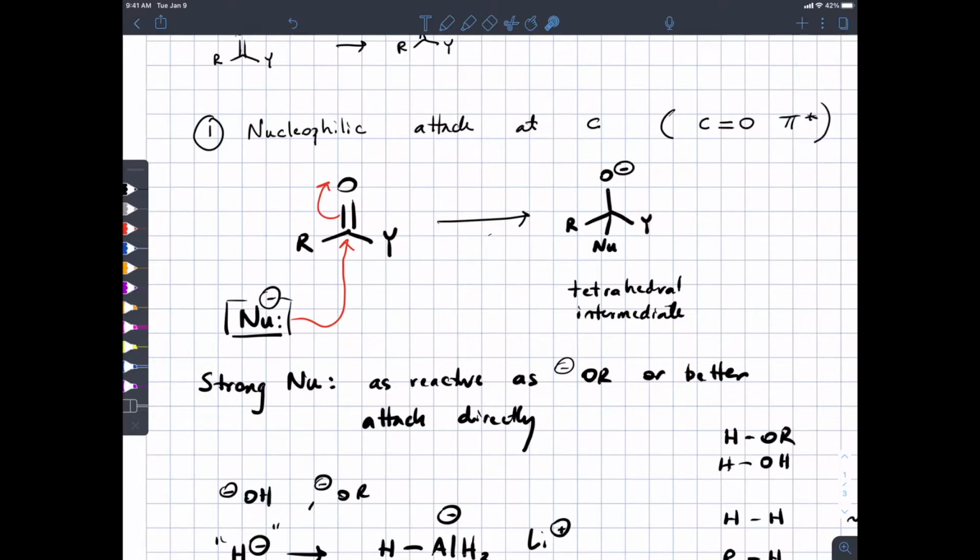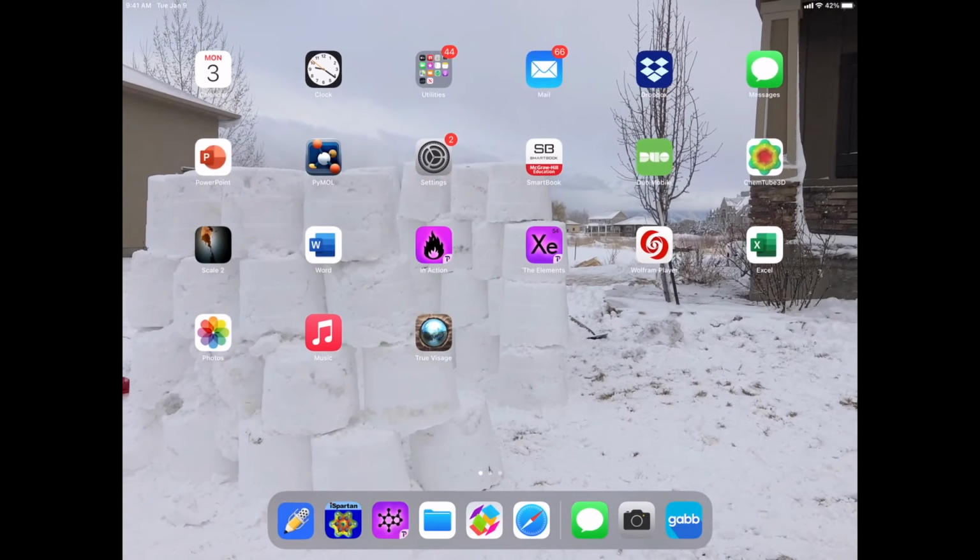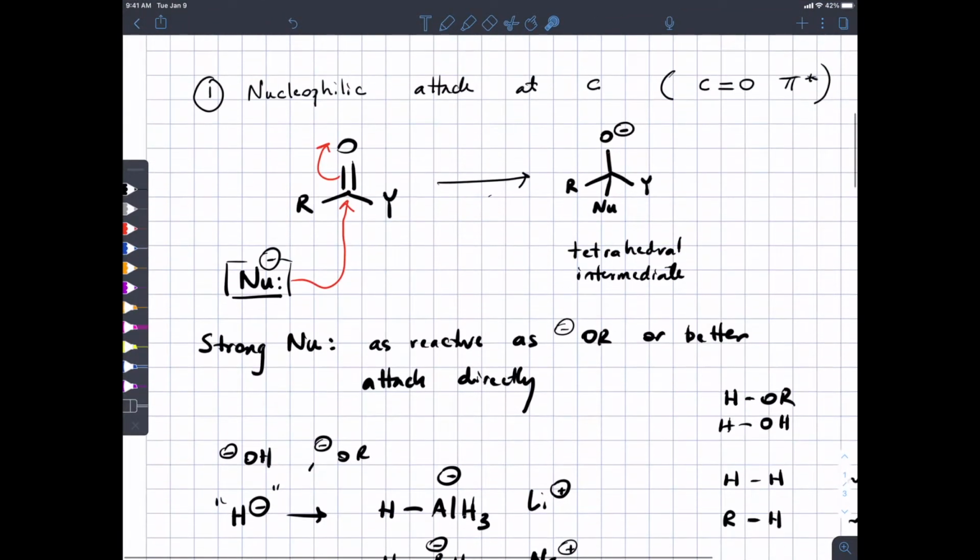Yeah? Is there any change to the stereochemistry when it goes from the trigonal planar to the tetrahedral intermediate? Yes. Depending on the identity of the Y group and the R group and the nucleophile, we have the potential to have made a stereocenter, okay? And when we make a stereocenter on a carbonyl compound, because the carbonyl compound is planar, we can either add from above or below.